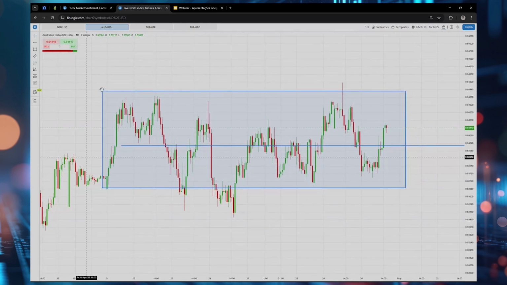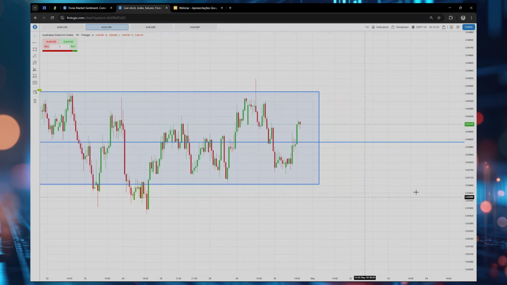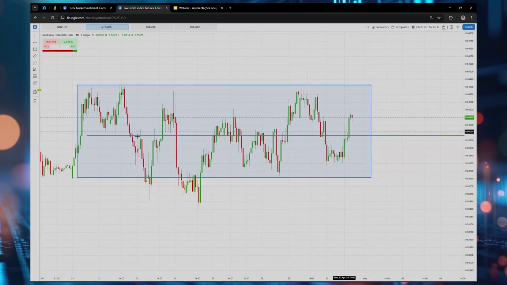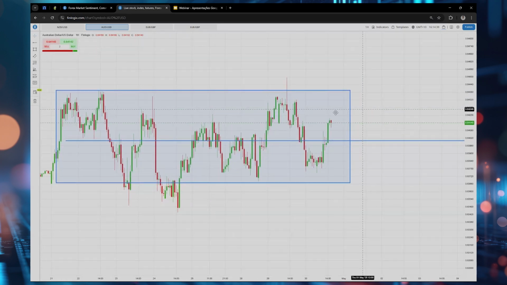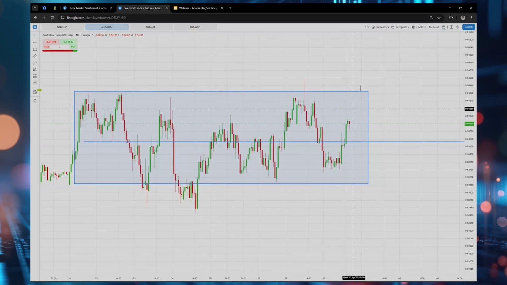My opinion is that a long position is welcome in this area. We are a little bit above the 50% of this consolidation. So my expectation would be if it breaks through the top here, that would be a good setup to long that market.